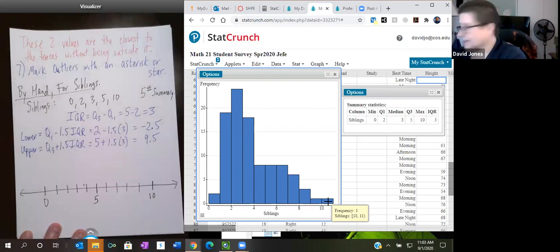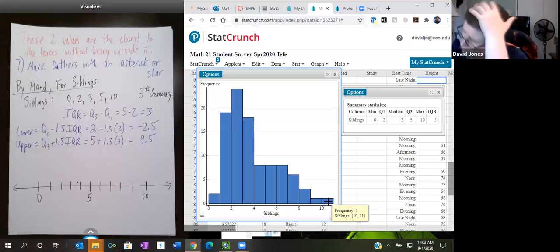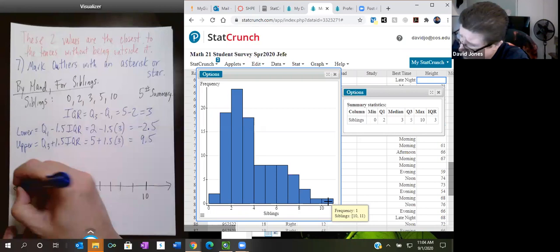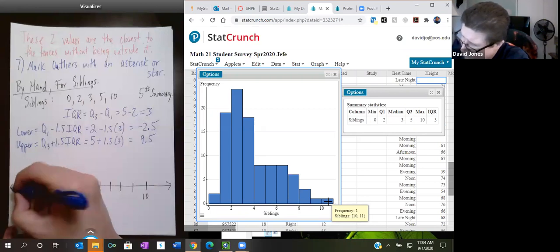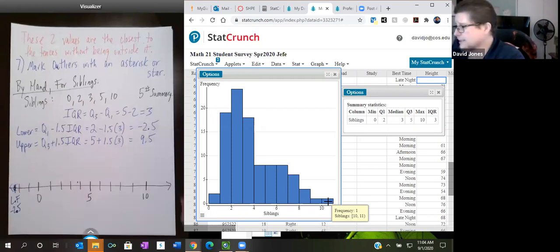That's close to being a good number line, 0 to 10. So I've got a number line that includes those values. If I want, I can include the lower fence over here. If the fence is outside the plot, you generally don't need it, but I'm illustrating where it is.